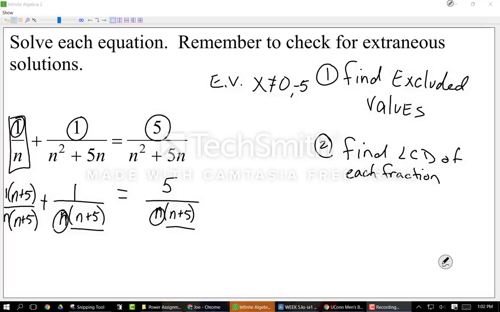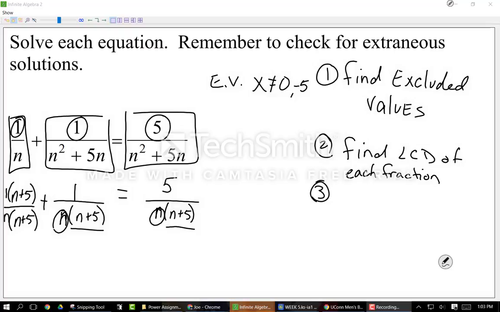You notice I did not change the denominators in this fraction or this fraction. Therefore, the numerators stay. Then the third step, remember, was basically to cross out denominators. I'm going to abbreviate denominator as denom right there. So cross out denominators and solve.